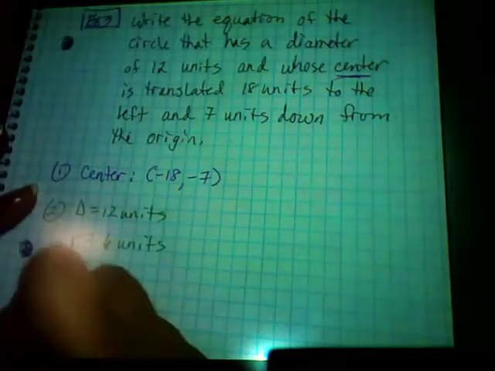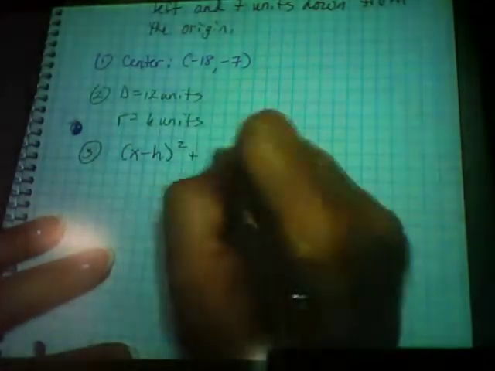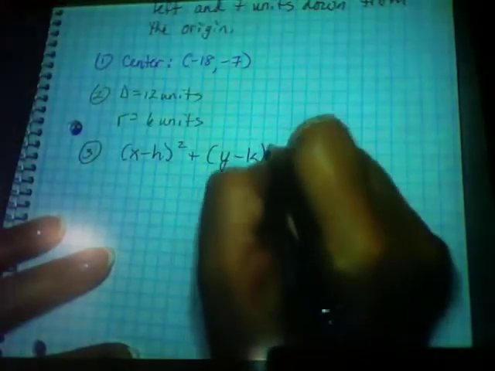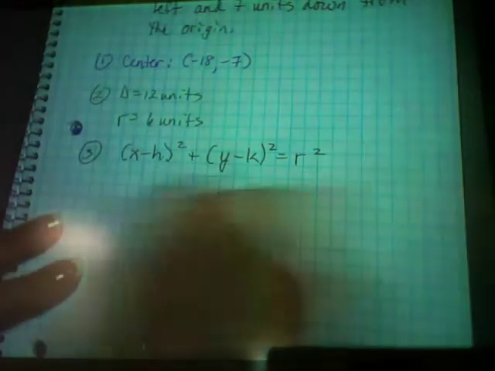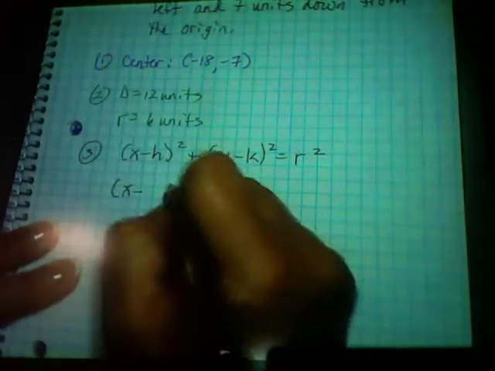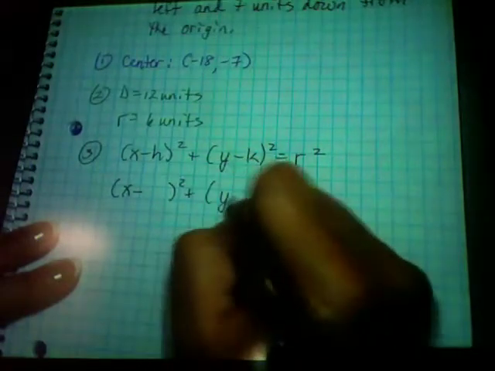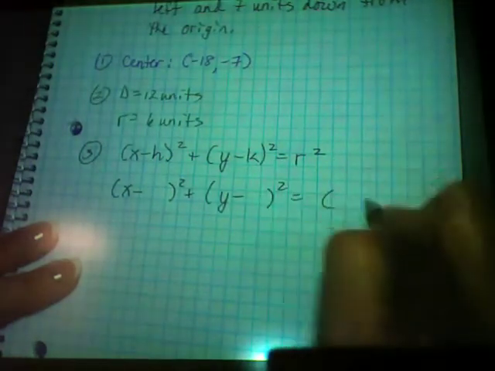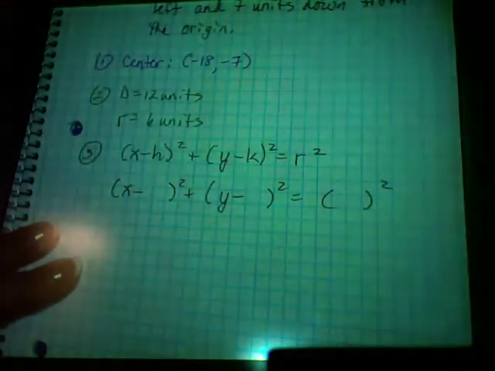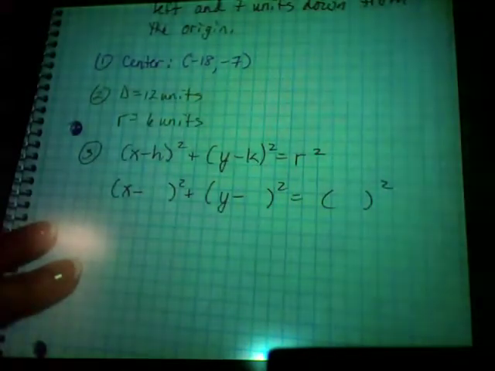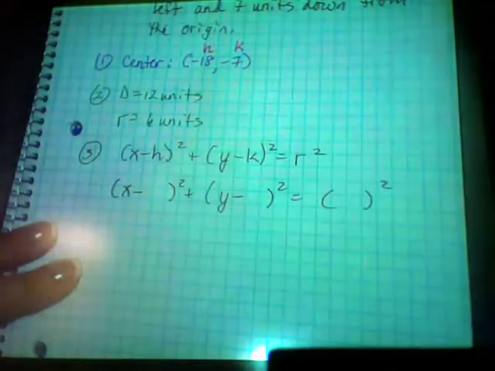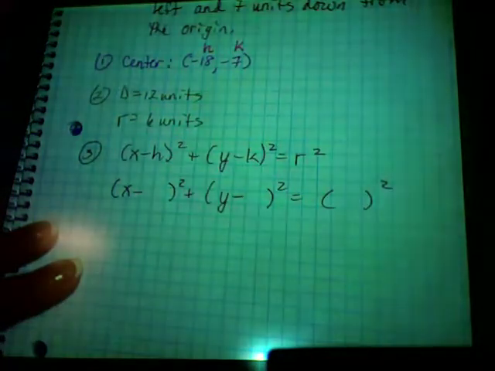So here's my general equation. x minus h squared plus y minus k squared equals r squared. So put in here the information that we just found. For my center, the negative 18 is my h, and the negative 7 is my k.